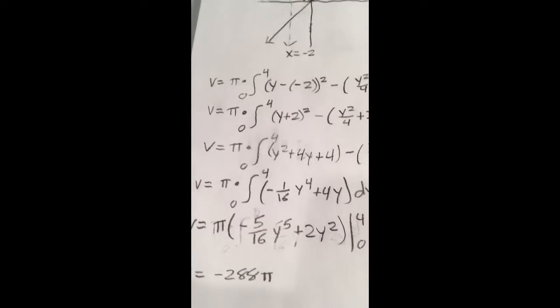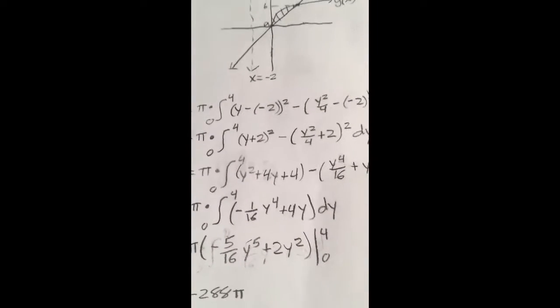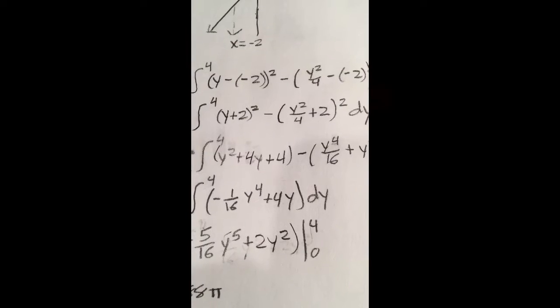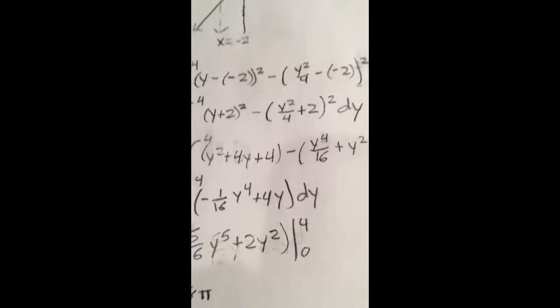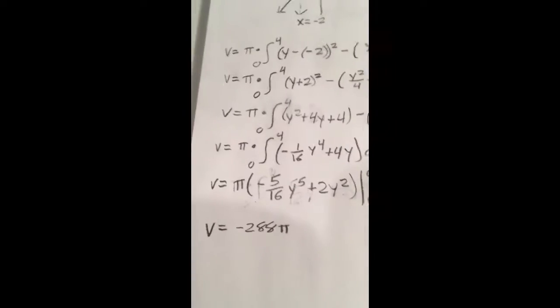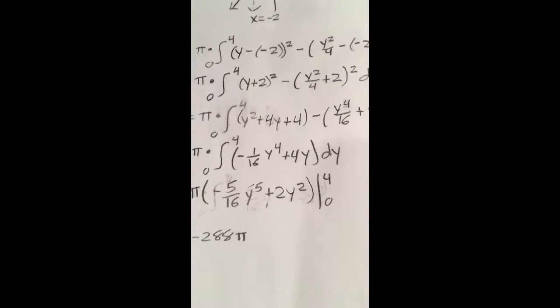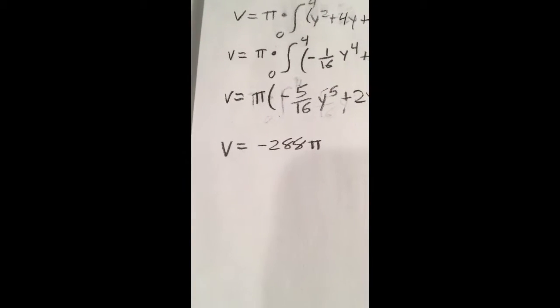Then you can combine the terms: V equals pi times the integral from 0 to 4 of -1 over 16 y to the 4th plus 4y with respect to y. Integrate it, and V equals pi times the quantity -1/80... -5/16 y to the 5th plus 2y squared, evaluated from 0 to 4, and your answer is V equals -288 pi.